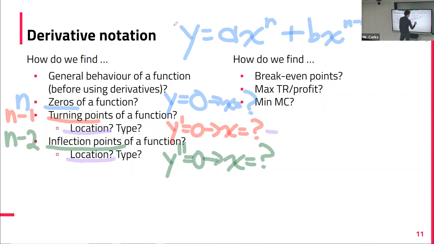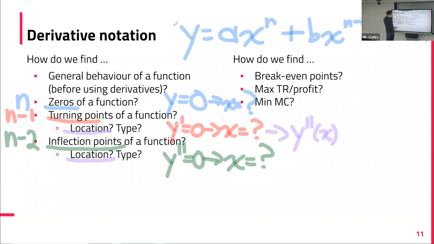We take these x values from our first derivative and put those into the second derivative. And we figure out, is it greater than 0 or less than 0? That will tell us what type we have.